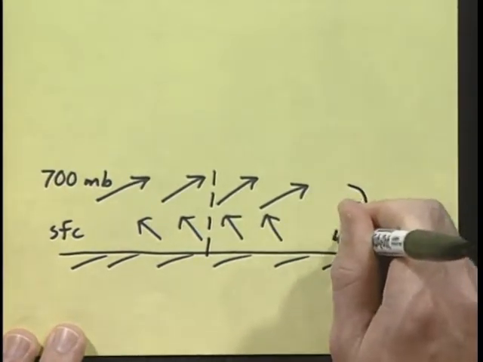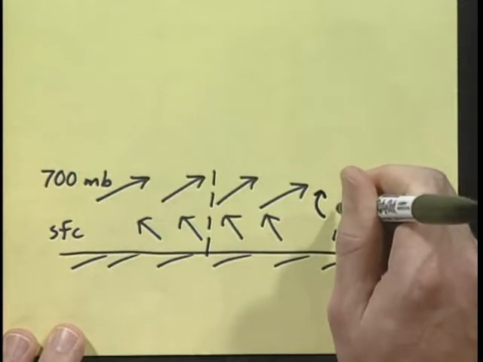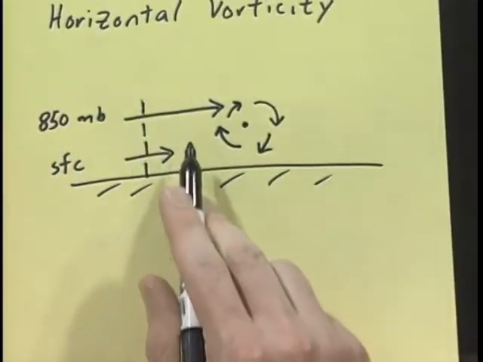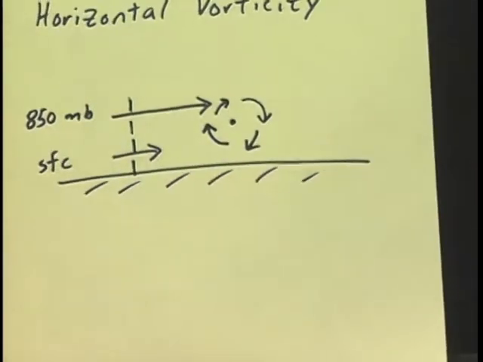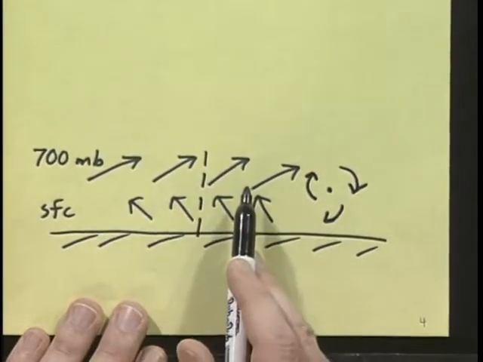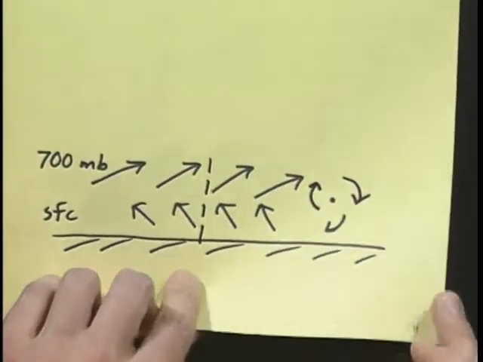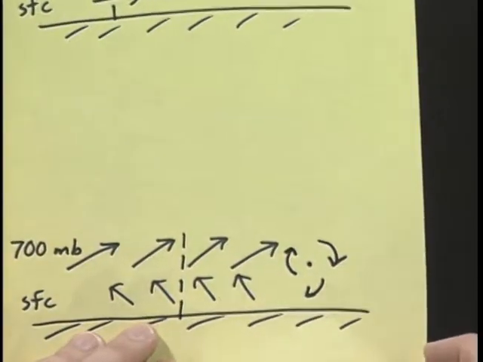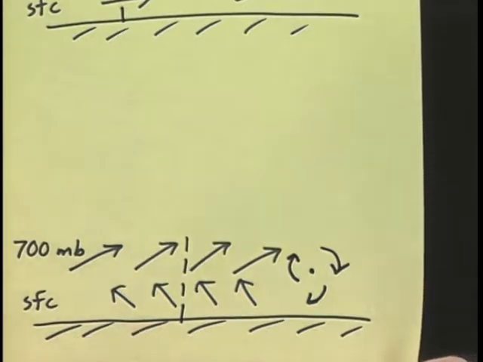And the twisting of that line segment is also going to produce horizontal vorticity. So in a situation where you have speed shear, the wind speed increasing with height, and it's changing direction with height, then you have two mechanisms there to cause those rotating tubes of air near the surface, which are very important for the development of severe thunderstorms and tornadic thunderstorms.